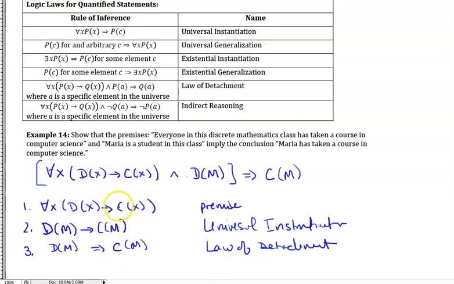I took it step by step. If you look at the law of detachment the way it's written here, this exactly looks like that one. This line is just the law of detachment, but I broke it up to see how the universal instantiation works here.